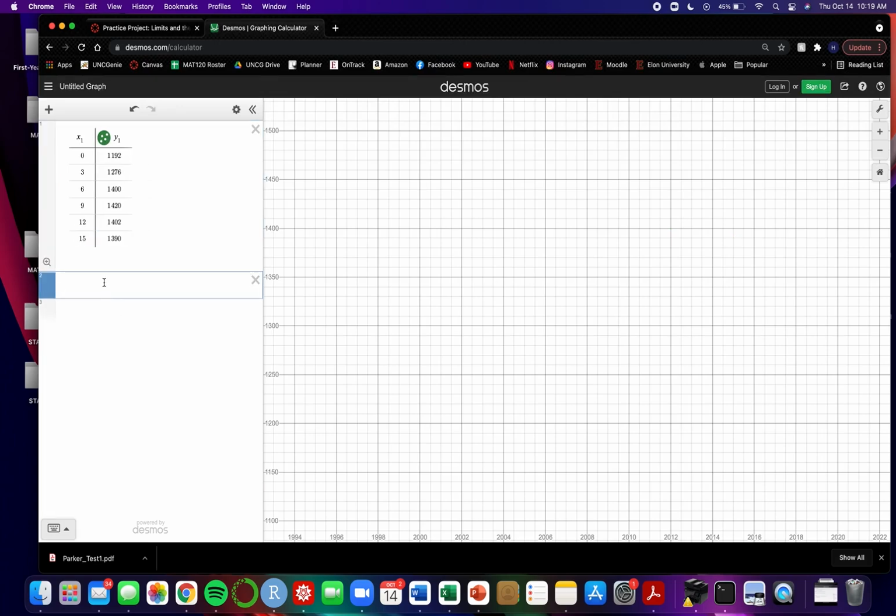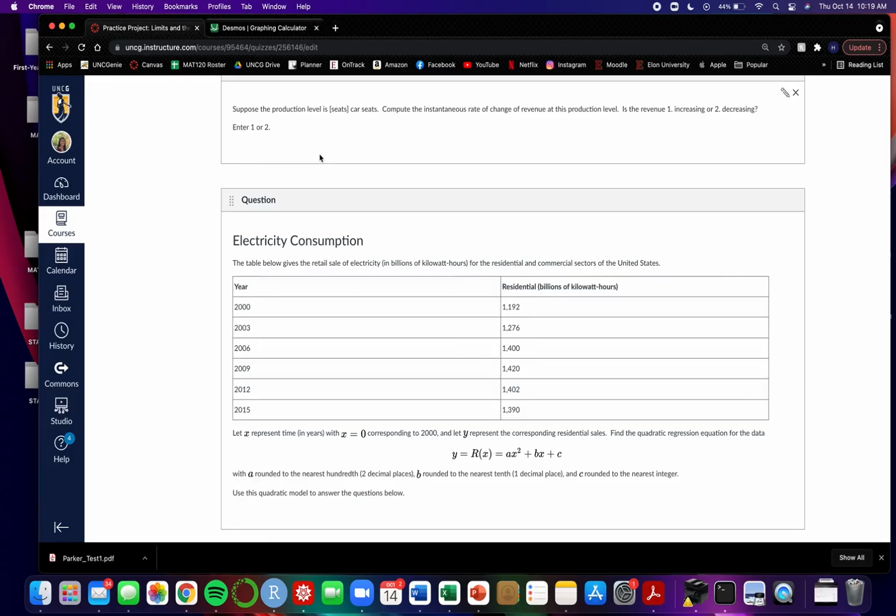And so we want to build a quadratic, so that's y1, use the tilde, a x1 squared plus b x1 plus c.